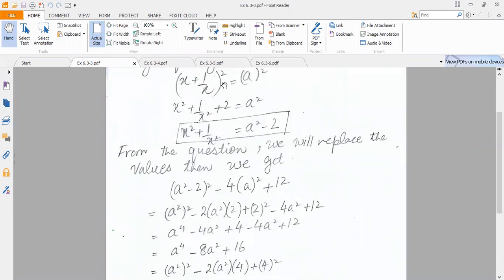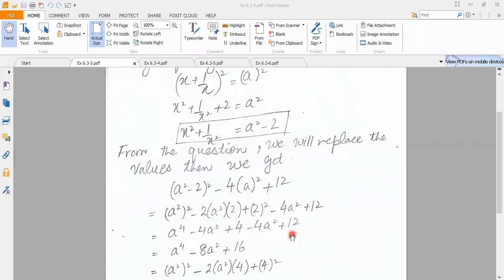Again, we are going to apply another formula, that is a⁴ − 2·a²·2 + 2², because the formula is a² − 2ab + b². Now the −4a² + 12 comes from the previous step.